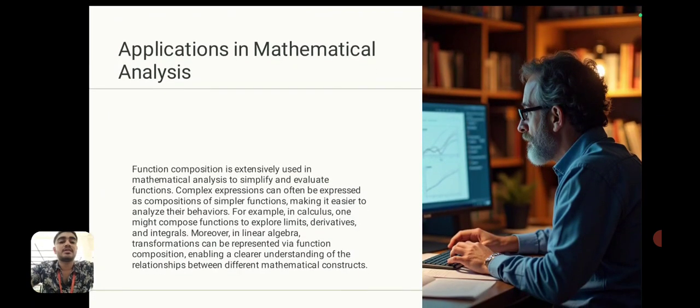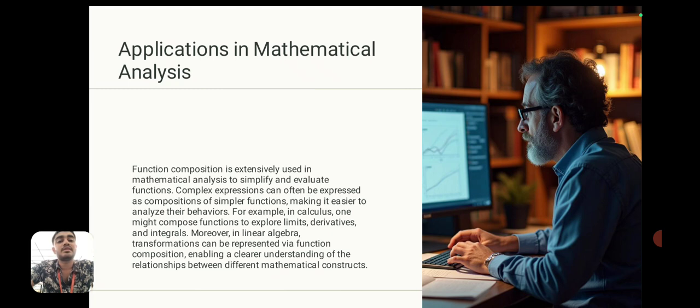Applications in mathematical analysis: function composition is extensively used in mathematical analysis to simplify and evaluate functions. Simplify means finding a shorter way of executing the functions. Complex expressions can often be expressed as compositions of simpler functions, making it easier to analyze their behavior.